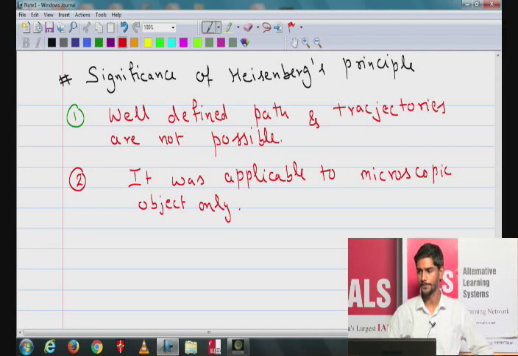Done? Shillong, Senapati? Okay. So guys, this is the significance, and remember, this is quite important for the state board examinations. Significance is quite important. You can mark it.